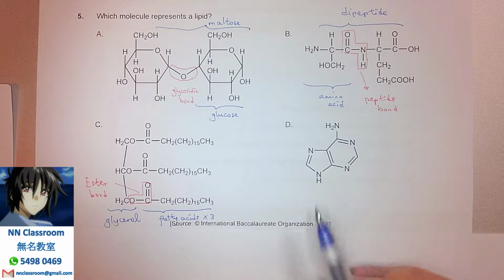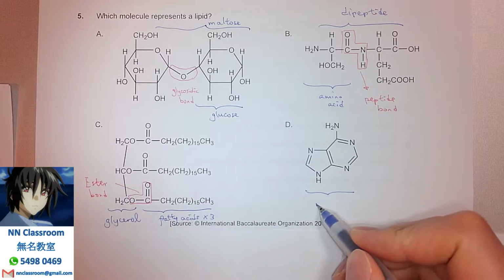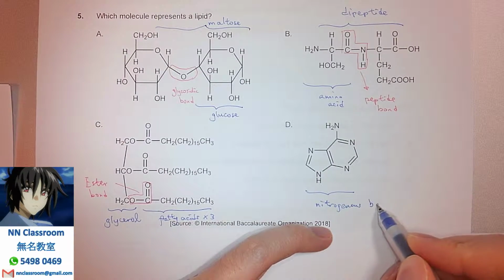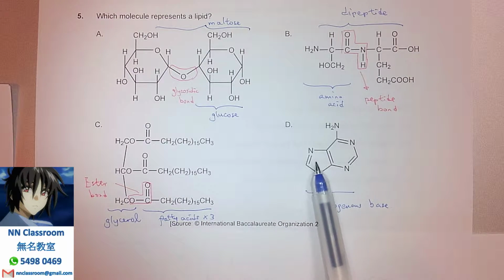And finally, D is the most strange molecule that most students may not know so well, especially those that do not do chemistry. Supposing that this is actually a nitrogenous base. How can I know? Because first of all, it is a ring structure with quite a lot of nitrogen participating.